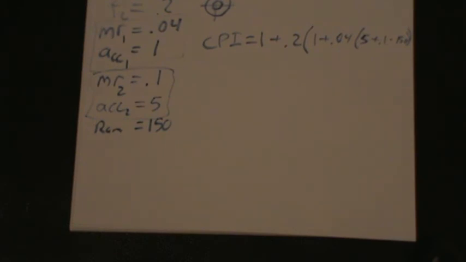Now in this case, let me just type this into trusty old MATLAB here. All right, so I got 1 plus 0.2 times (1 plus 0.04 times (5 plus 0.1 times 150)).